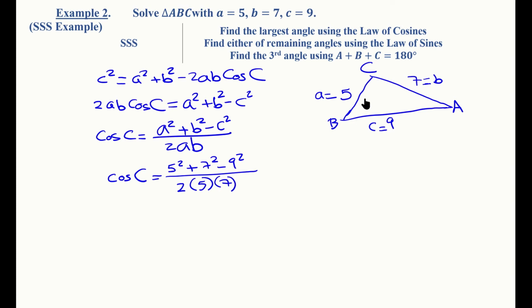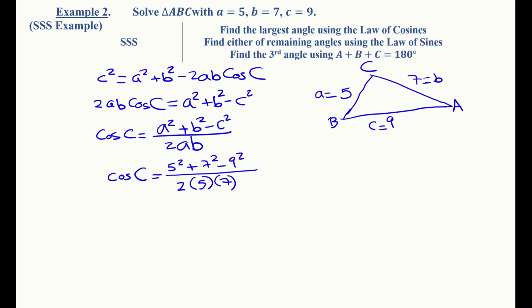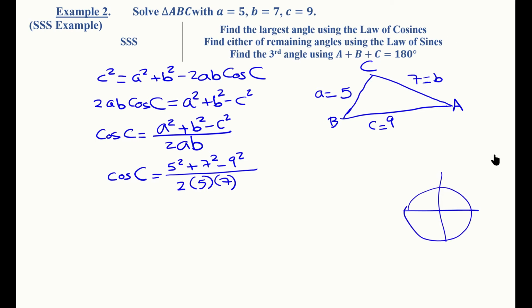Now notice that C could be either acute or obtuse. So how will we know if it's obtuse? Well, let's take a look at the unit circle real quickly. You know that on the unit circle, the angles that have a negative cosine are going to be in these two quadrants, correct?